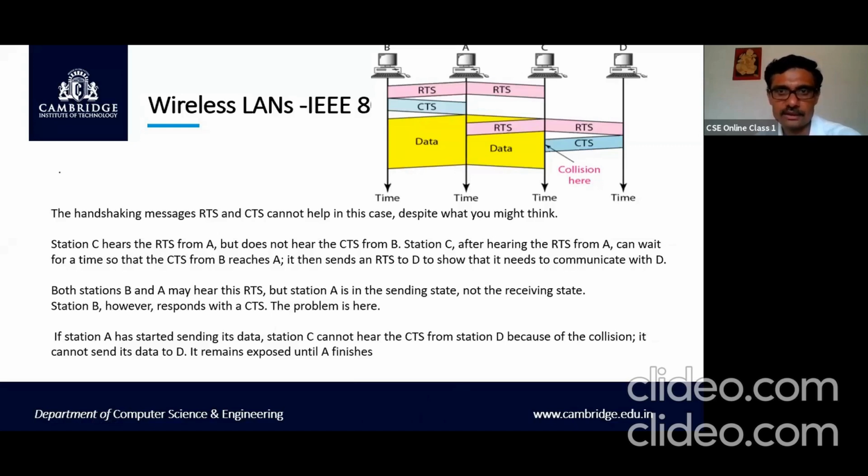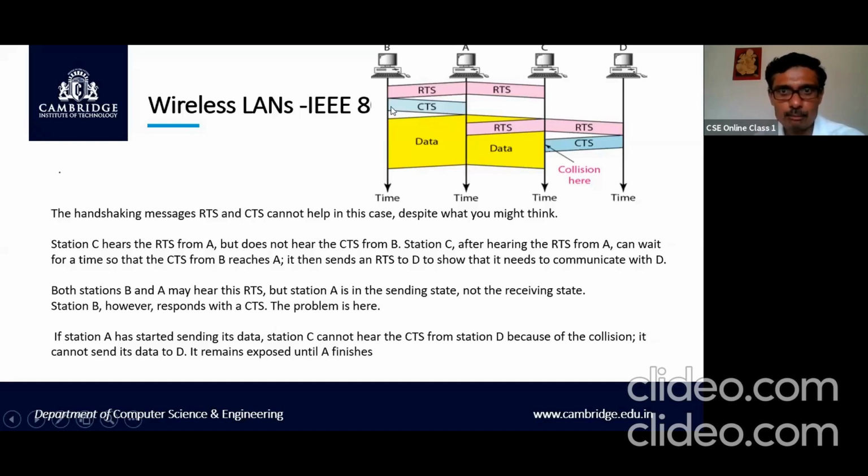The RTS message goes to B as well as C. B will send CTS, that is clear to send, and C will stop its transmission for some duration.